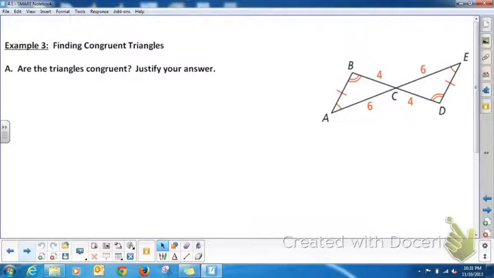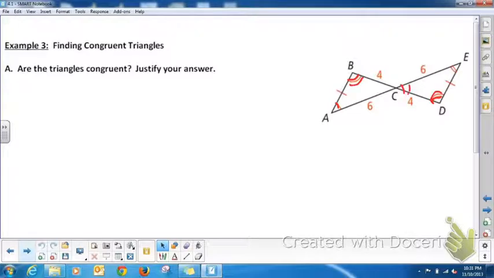Example 3, finding congruent triangles. Are the triangles congruent? Justify your answer. Well, if you're looking at these two triangles, can we determine whether or not these two triangles are congruent? We know that angle A is congruent to angle E. We know that angle B is congruent to angle D. Do we know that angle ECD is congruent to ACB?